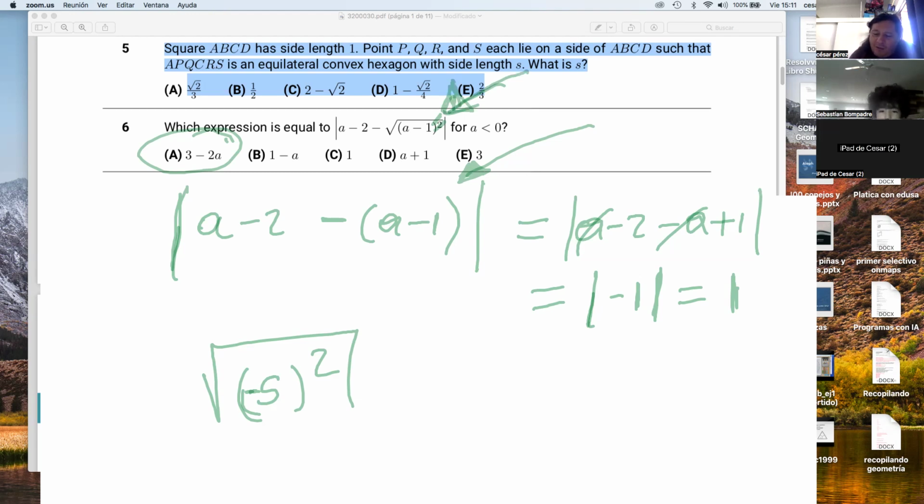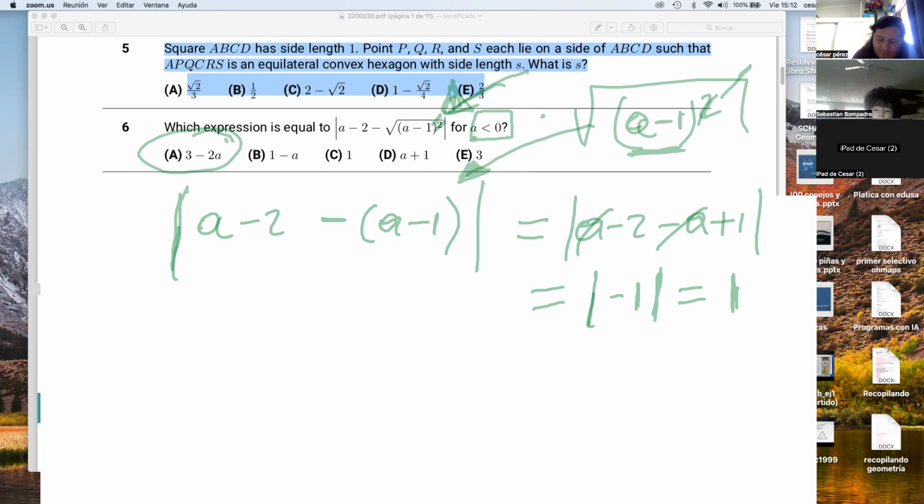So if we have the square root of a minus 1 squared, if we cancel, we are going to get a negative value because a is less than 0. Okay, so we need to use the opposite. We are going to use a minus 2 minus, and because this is negative, we are going to use the absolute value.